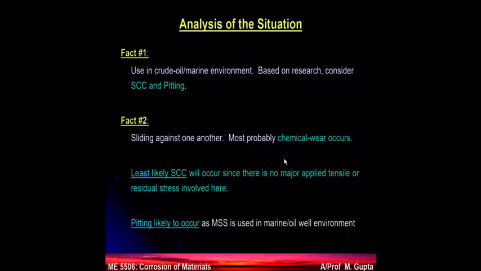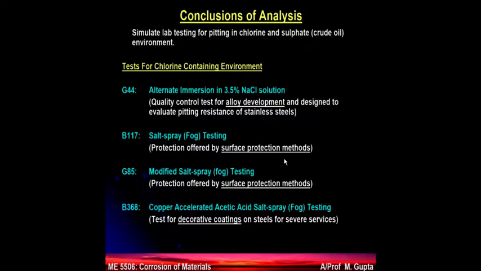So once we narrowed down based on the continual interaction between us and them, then we look for the corrosion testing methods for pitting. And when we go for that, we see these kinds of standards here. You have G44, which is for 3.5% sodium chloride solution, and the main intention here is alloy development.